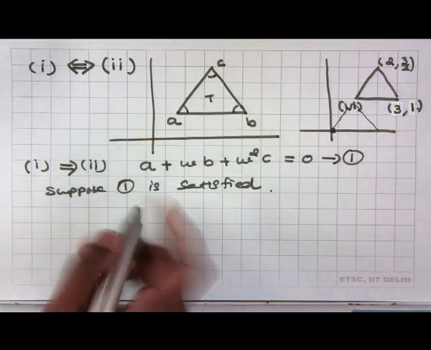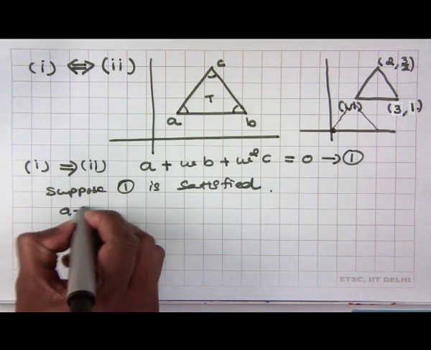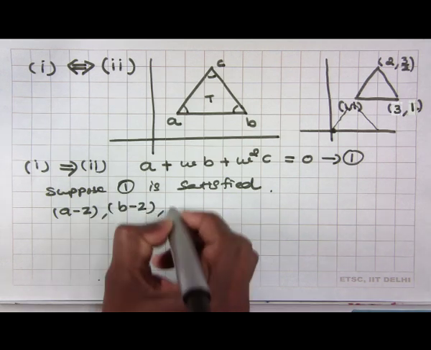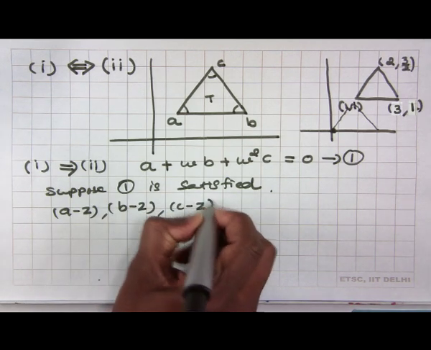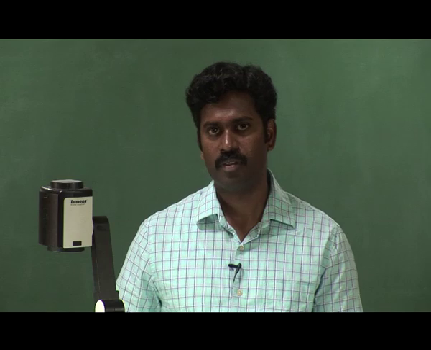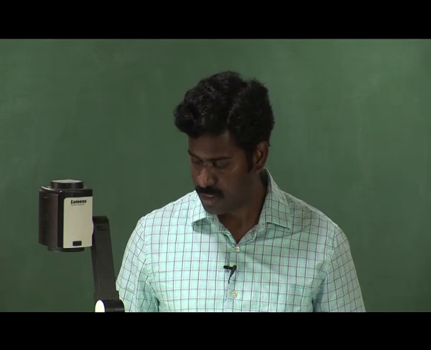My new points are A minus Z, B minus Z, C minus Z, which create a new triangle just shifted by Z. Now, I am asking whether the equation will be satisfied.